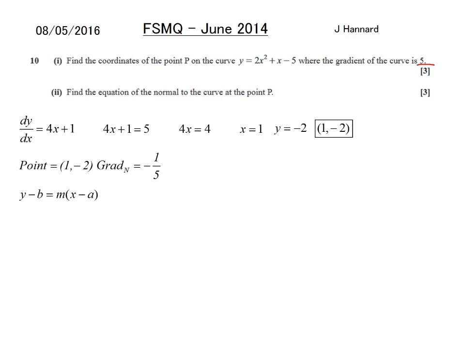Then y minus b equals m times x minus a. Shove in the numbers. Times through by 5 because I hate fractions, and I get that. And then I would like my x's to be positive, so I'll bring everybody over that side. Call it 5y plus x plus 9 equals 0, but anything after this point, once you've tidied the numbers up, is acceptable.